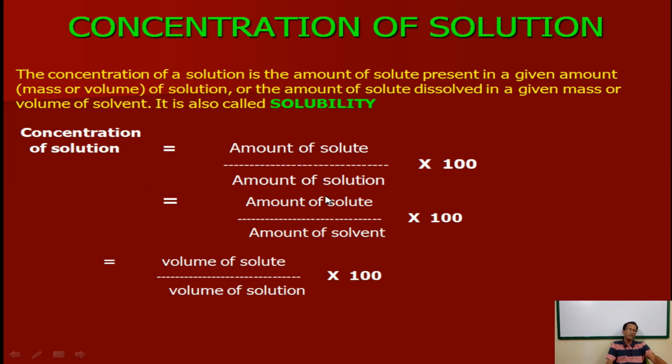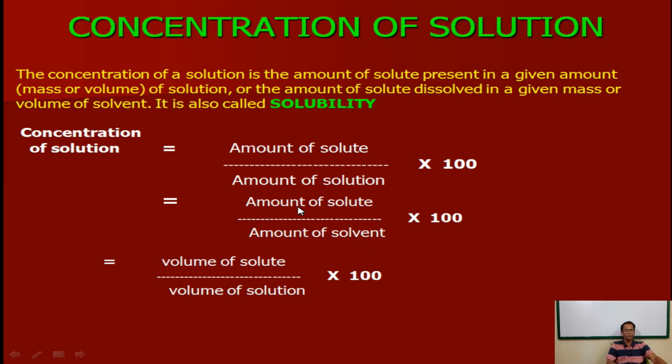For example, it can be expressed like this: mass of solute to the mass of solution into 100, or mass of solute to the mass of solvent into 100. With respect to solvent you can calculate, and with respect to solution you can calculate. Then volume of solute to the volume of solution.